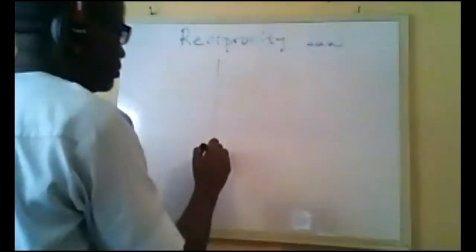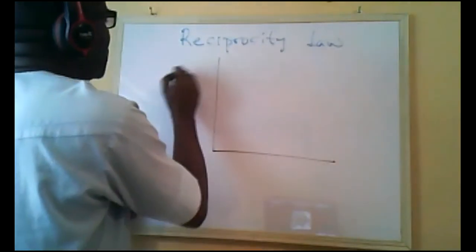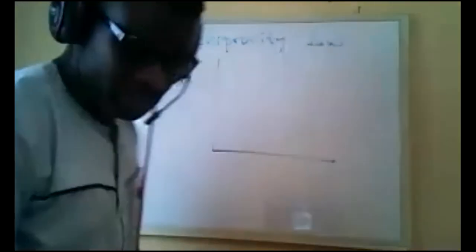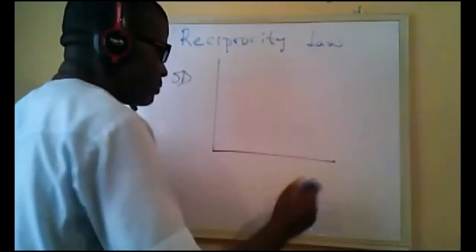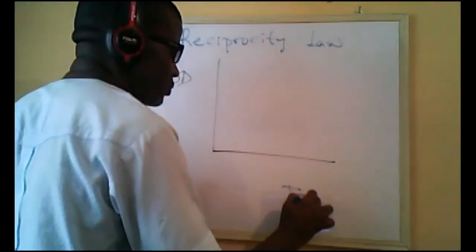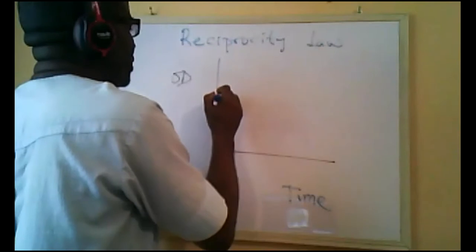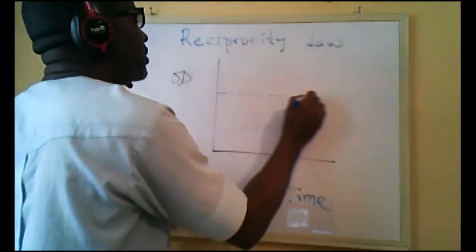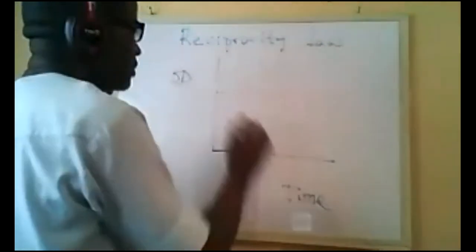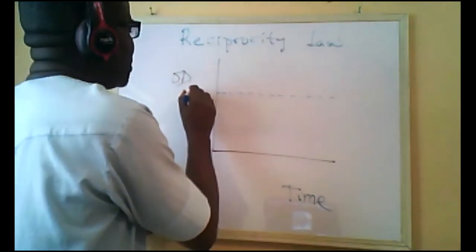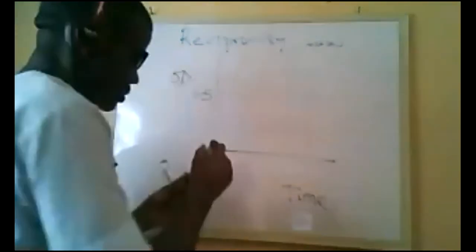So if you have an OD axis and a time axis, you would have something like a straight line, no matter the time, at a particular OD, maybe 3.5. But that doesn't happen.